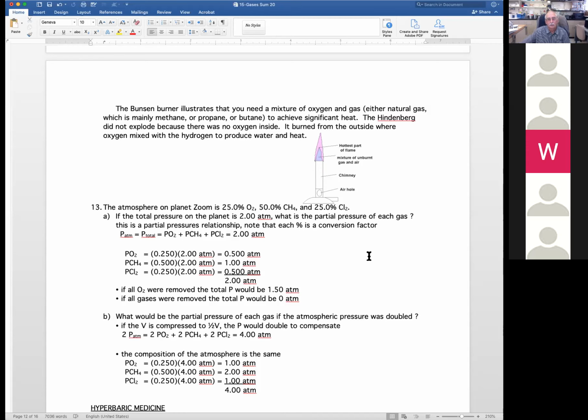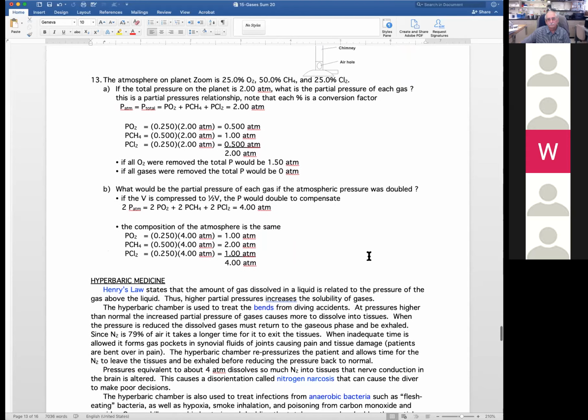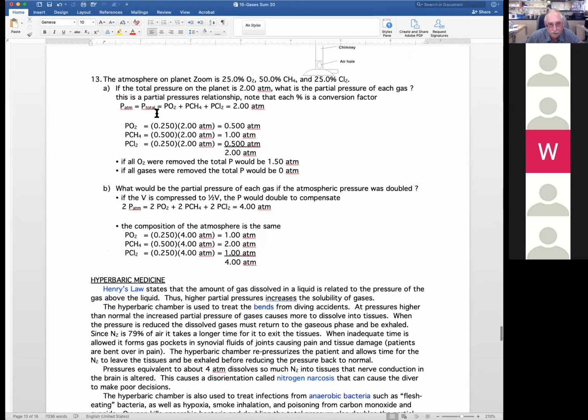So the atmosphere on planet Zoom is made up of this. If the total pressure on the planet is 2 atmospheres, what is the partial pressure of each gas? Well, here's what Dalton's law says. The atmospheric pressure is the total pressure. It's a combination of the pressures coming from all the gases.